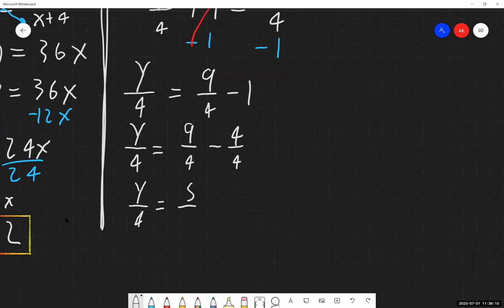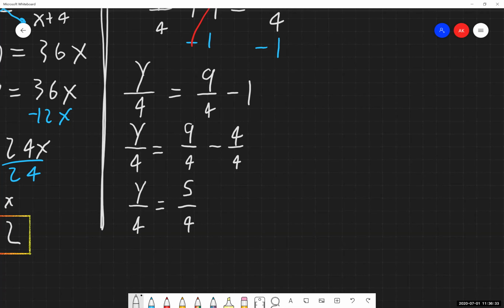When I combine those together, I'm getting y/4 is equal to, if I could write better today, that'd be fantastic. Equal to 5/4. There we go. Much nicer. So now from here, I have a fraction equals a fraction.